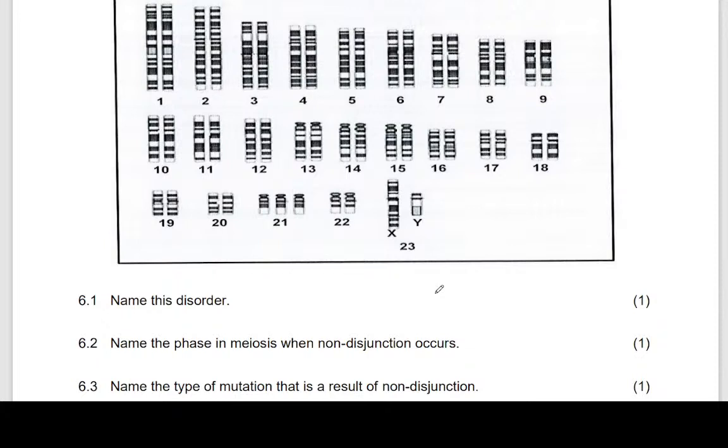That's what we are looking at. What is happening there in chromosome number 21? You see what is happening? How do we call that? Is there anyone who knows how we call that?